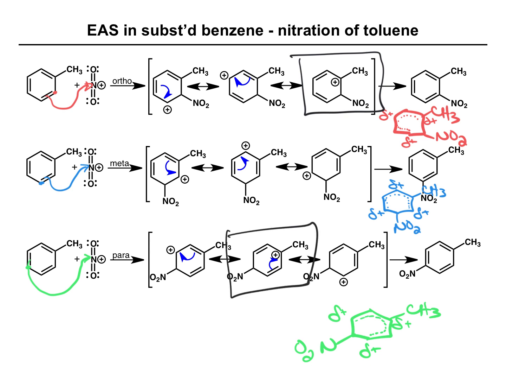We can also think about this based on the resonance hybrid. Looking at this hybrid, we have partial positive character at this position right next to an electron releasing group, which makes this an especially good carbocation intermediate. In addition, if we look at the para intermediate, we have partial positive character on this carbon, which is directly connected to an electron releasing group.